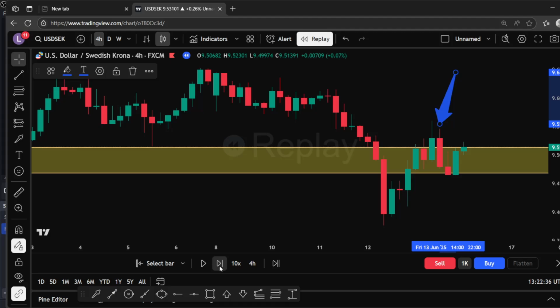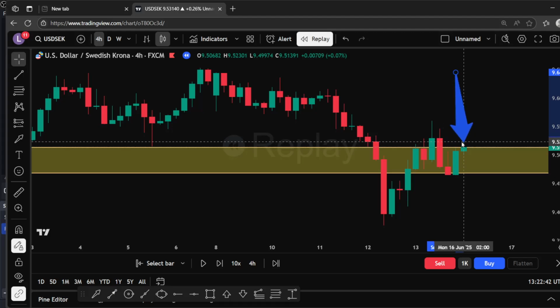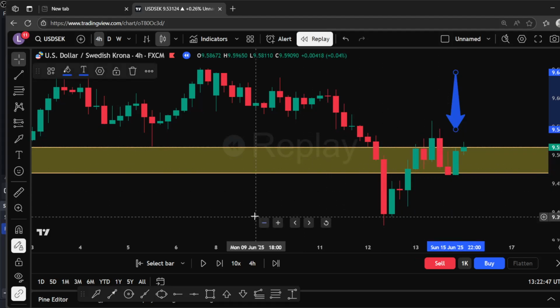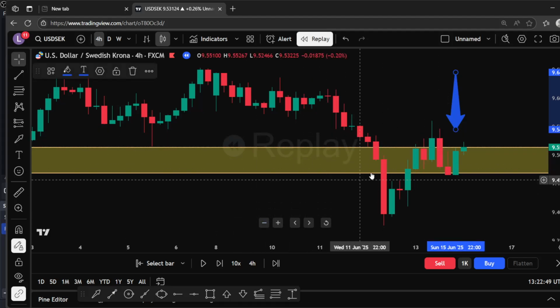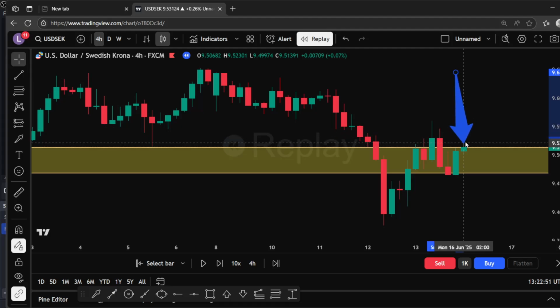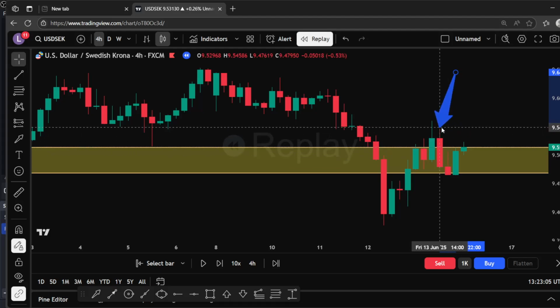Not quite sure if it was moving up or moving down because it closed near to the opening of the previous 4-hour candle, right? So this is assumed to be a dodgy candle, not sure. So any red candle after this candle will be a suggestion for sellers to come into the market as a confirmation that this was a pullback or a retracement of these two red candles. Why? Because we did not close above this red candle.